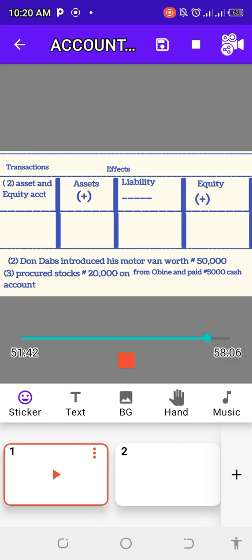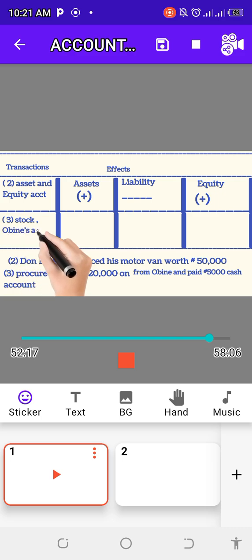Equity. So when an asset is introduced, there will be an increase in equity. This forms part of the objective questions. When asset is increased, what is the effect on equity? Equity must increase.